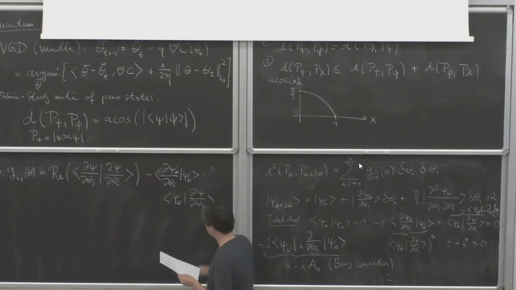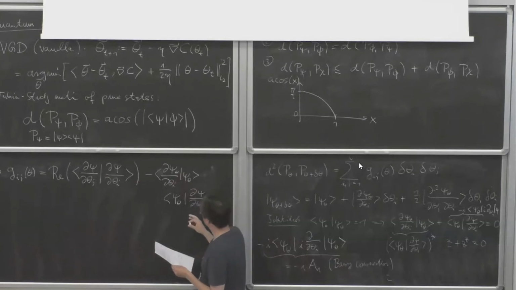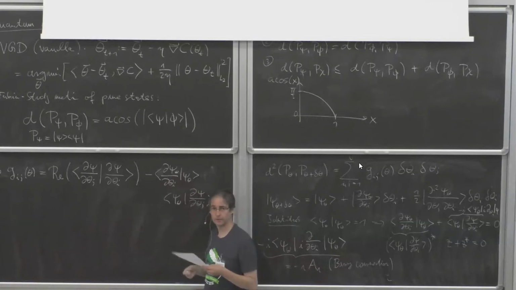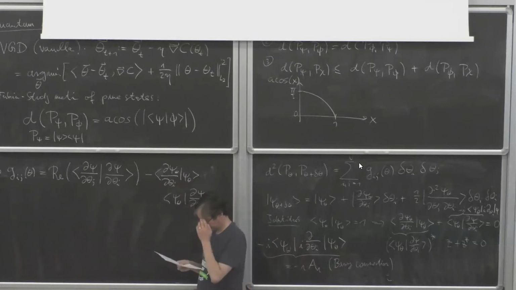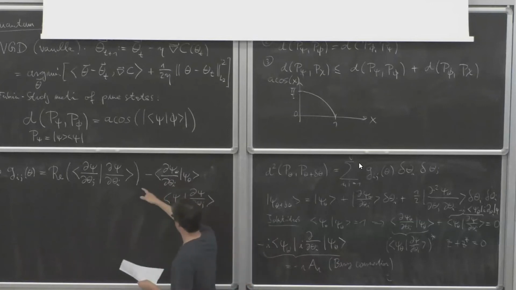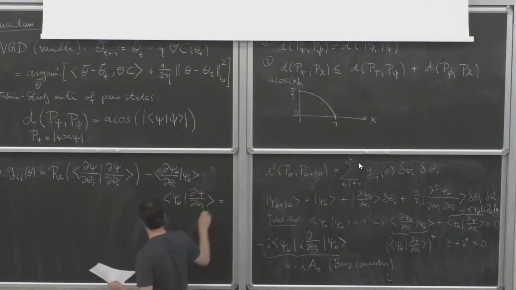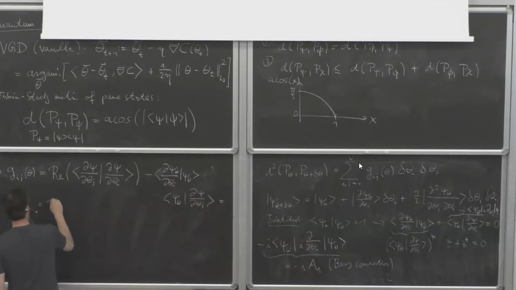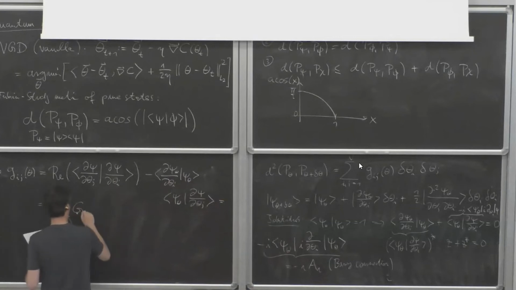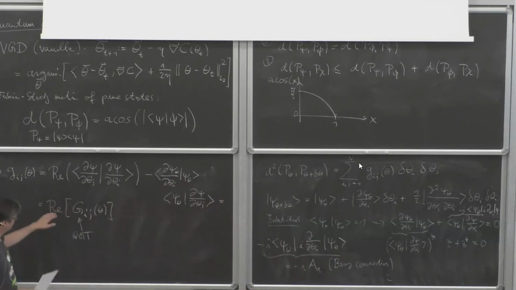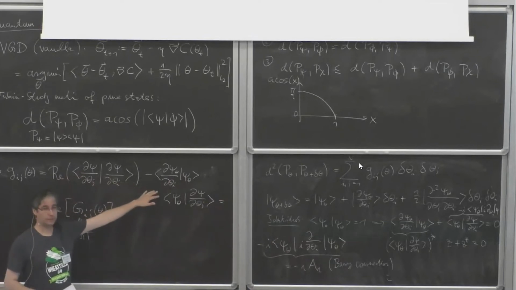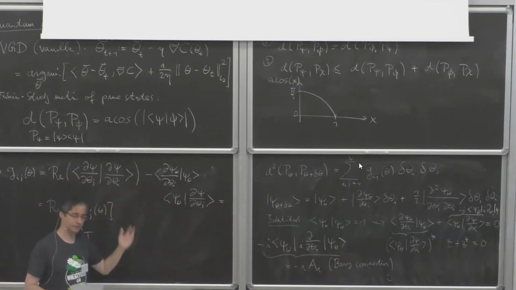This is also purely real, this term here, because each of these is purely imaginary, and so the product of two is real. And so this is real, and this is real, and so you can actually define the real part of an object, this capital G, which is called the quantum geometric tensor. And so if I would compute the imaginary part of this, I would then get the Berry curvature, or the Berry flux, for those in condensed matter.